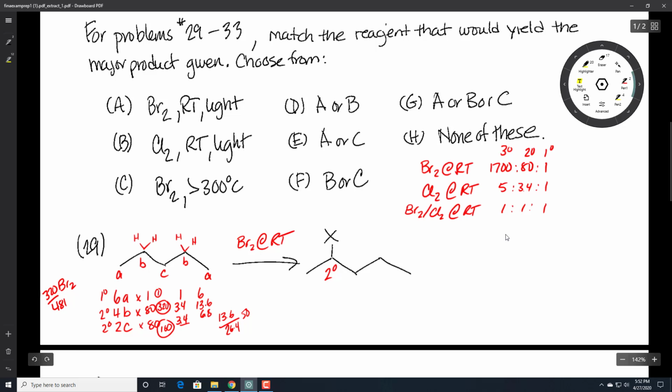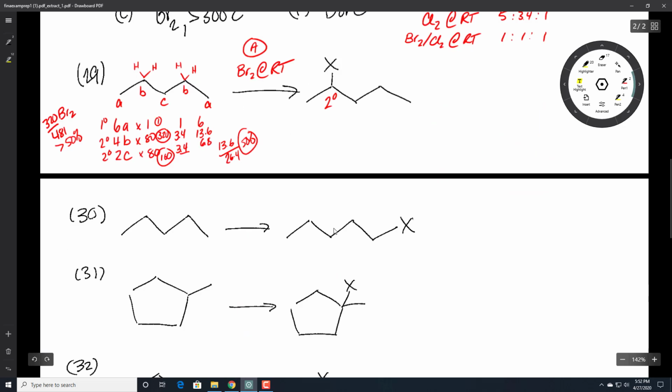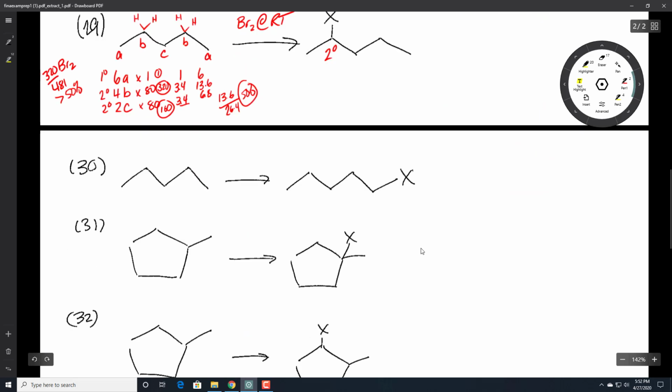Here you can see it's only 50%, whereas over here it's definitely greater than 50%. So bromination at room temperature would be the best way to make that product in the highest percent yield. And so that's how we would approach every one of these problems.